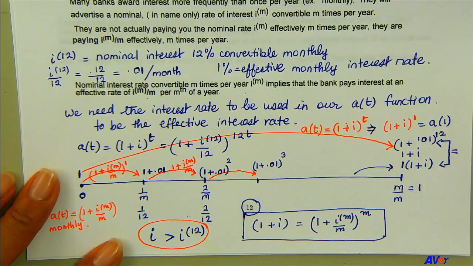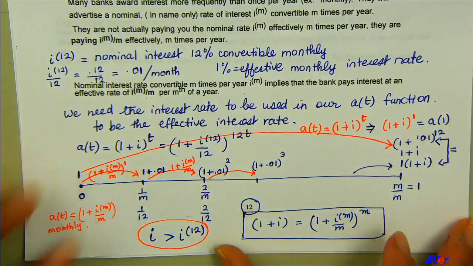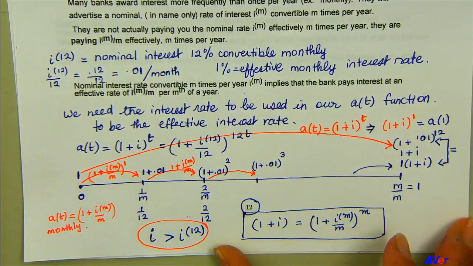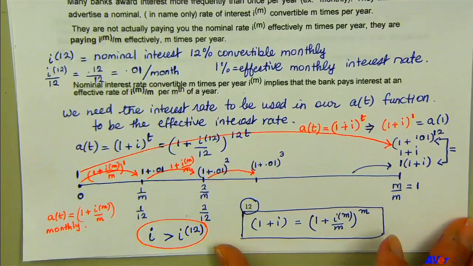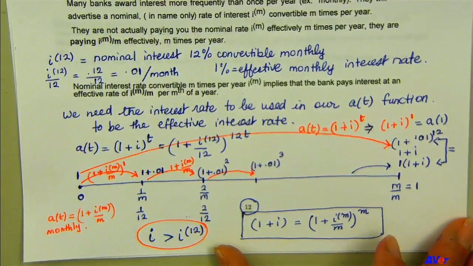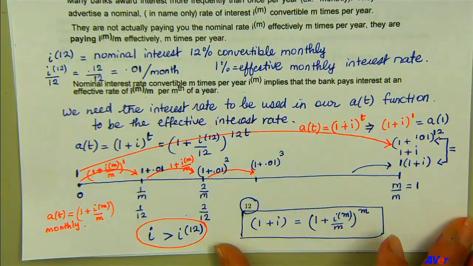The annual effective interest rate, which is equivalent to 12% convertible monthly. You're going to plug into this equation, right? Go plug. That's what I'm asking you to do.